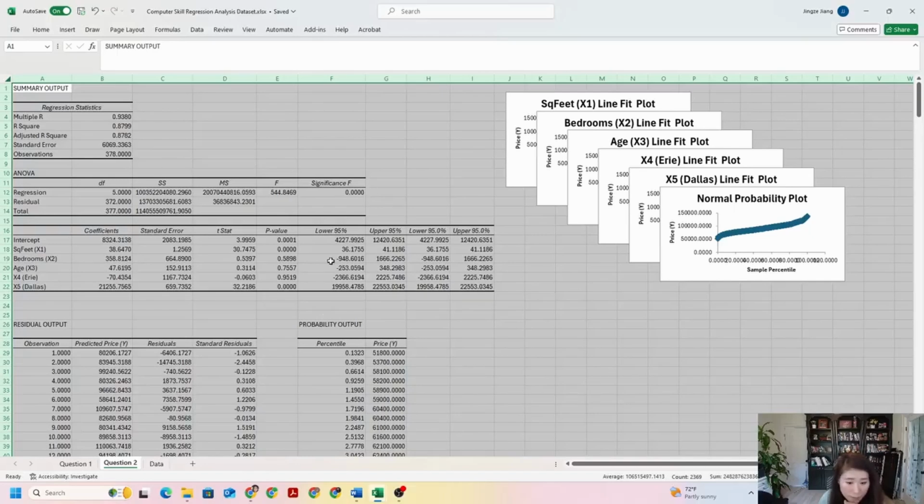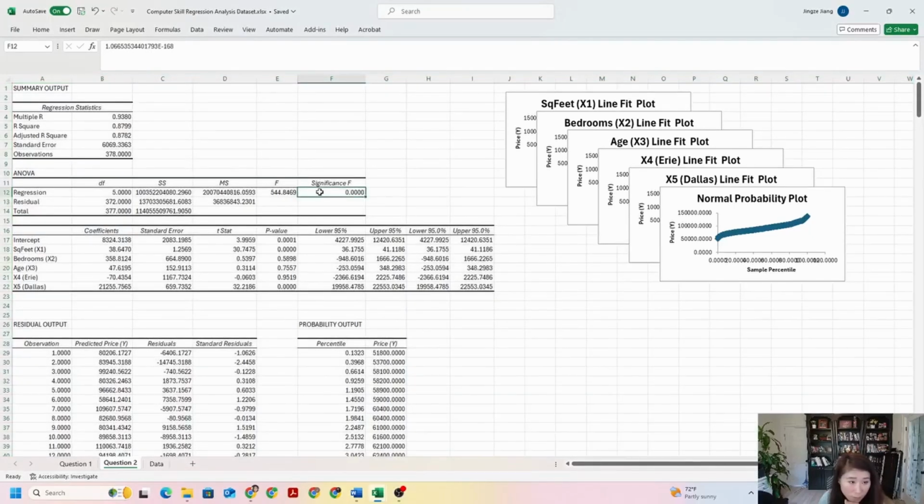Okay. After you do that, you notice that here was a 1 point something E. Without understanding this expression, scientific notation, you might read it as 1.066 and end up with the wrong numbers. As you see, if we only keep 4 decimal places, they allow us to understand what this E negative 168 actually converts to.